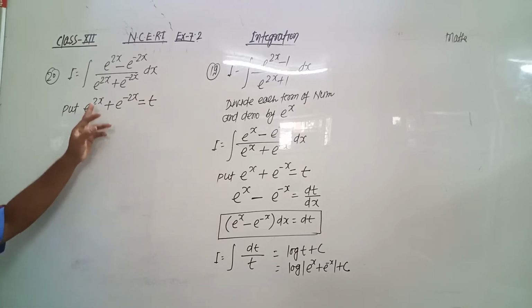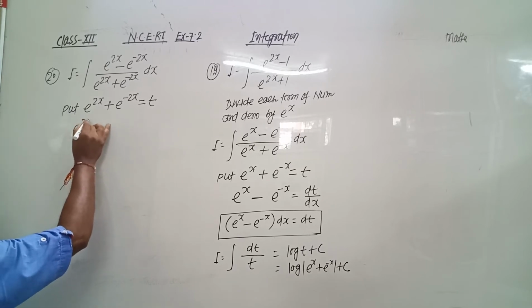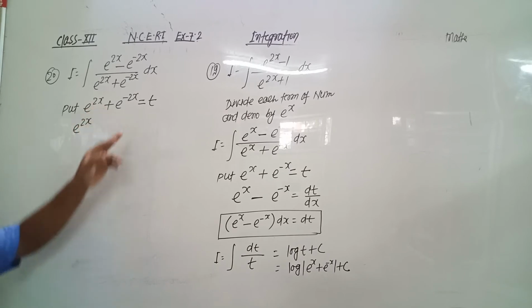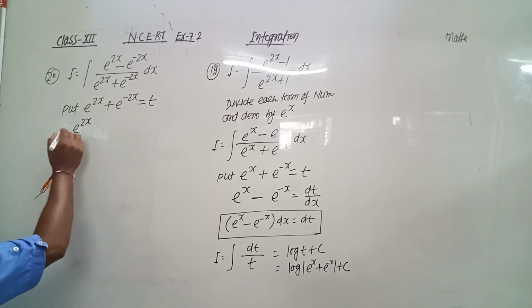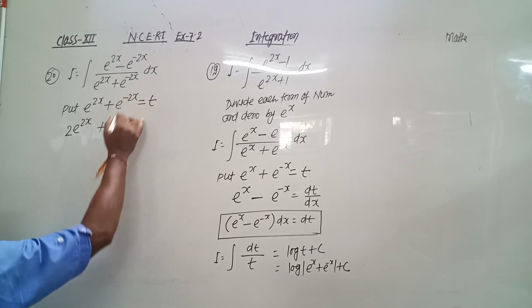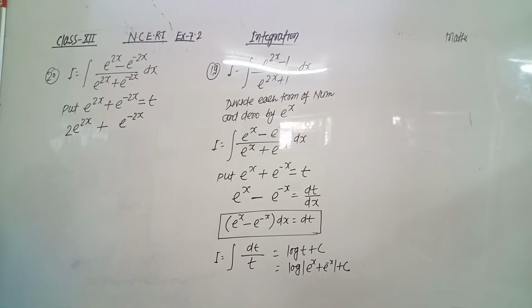And differentiation of e raised to the power x is e raised to the power x, so e raised to the power 2x; now remove e, and differentiation of 2x is 2, so multiplied by 2, plus differentiation of e raised to the power minus 2x is e raised to the power minus 2x.